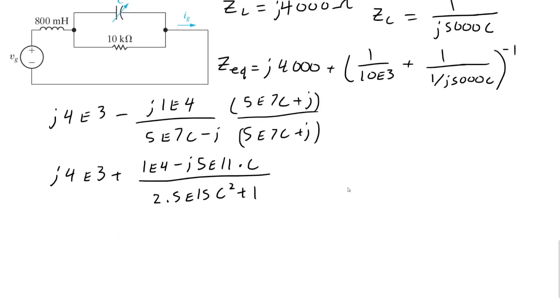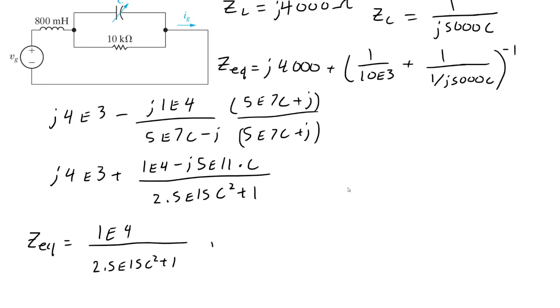So that's that part of this business. So our Z equivalent is going to end up being 1e4 over 2.5e15 C squared plus 1.